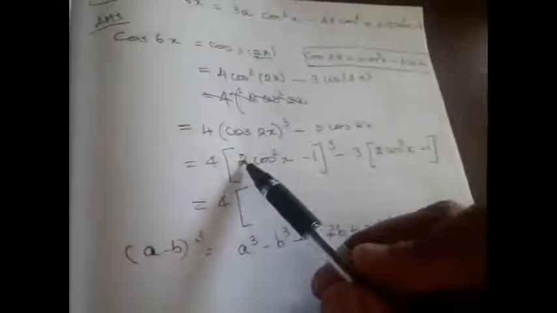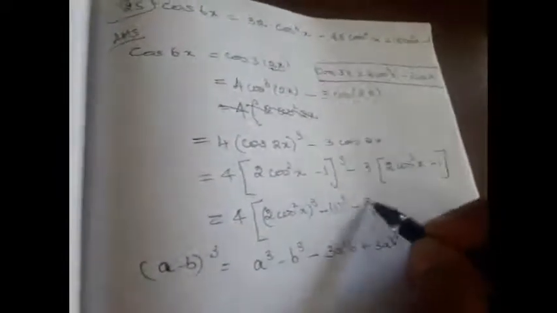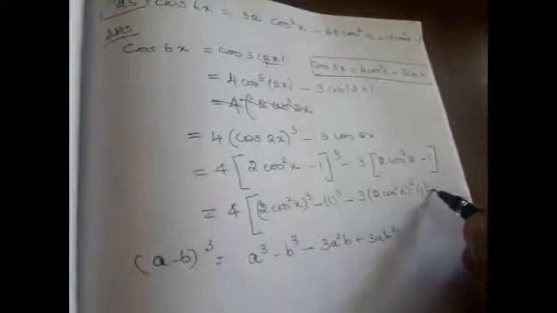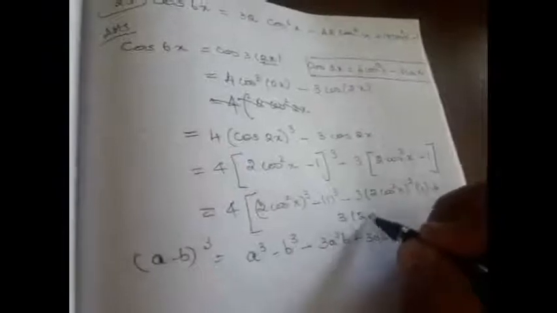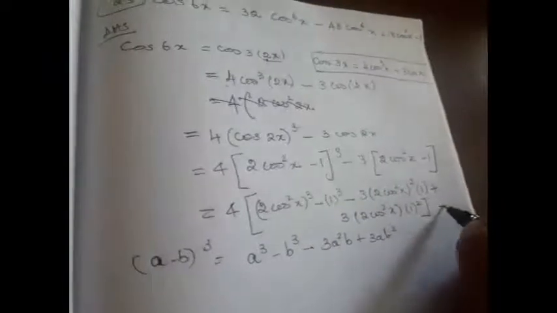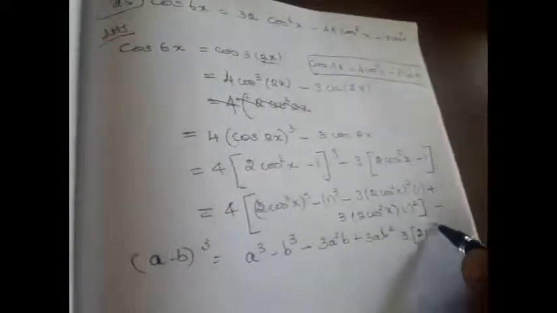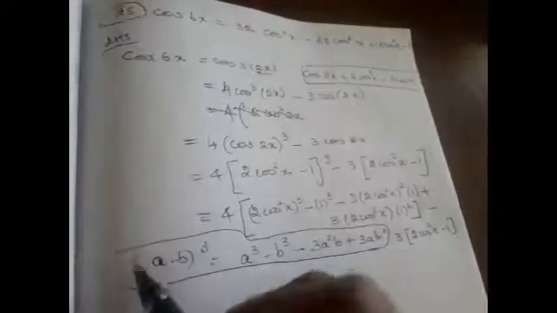So first a cube means 2 cos square x the whole cube, minus b cube, minus 3 into a square, 2 cos square x the whole square, into b, plus 3 ab square, 2 cos square x into b square is 1 square, right, minus 3 into 2 cos square x minus 1. Hope you understood. We have applied the formula a minus b the whole cube in between, right?